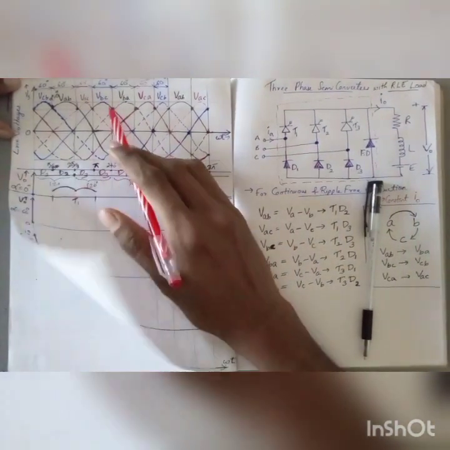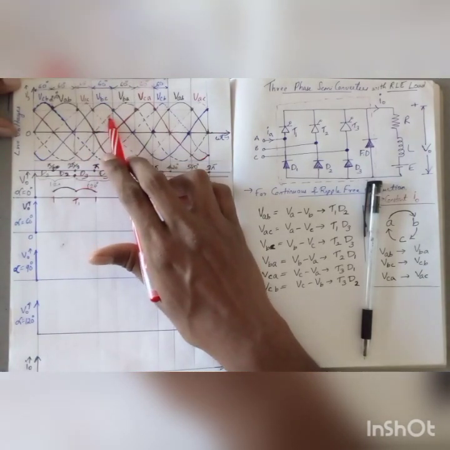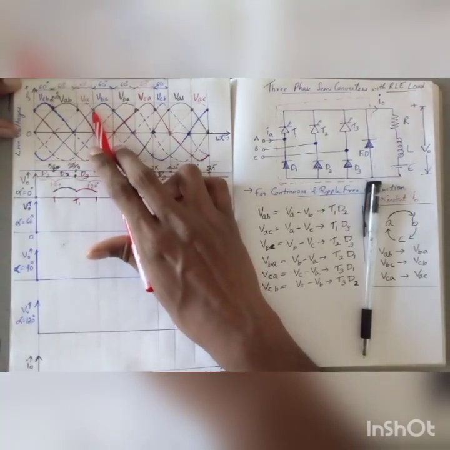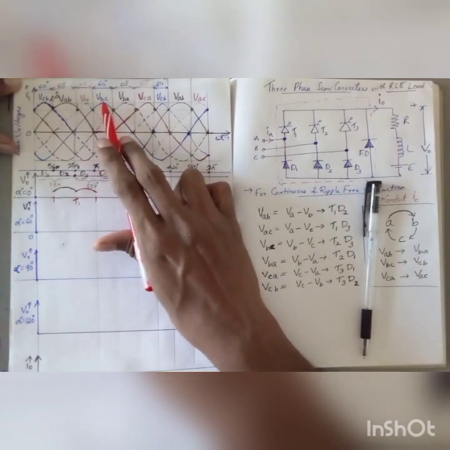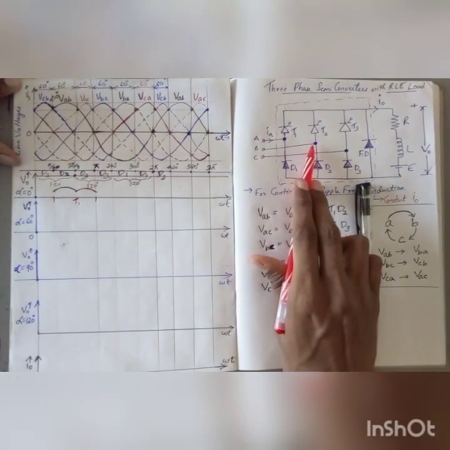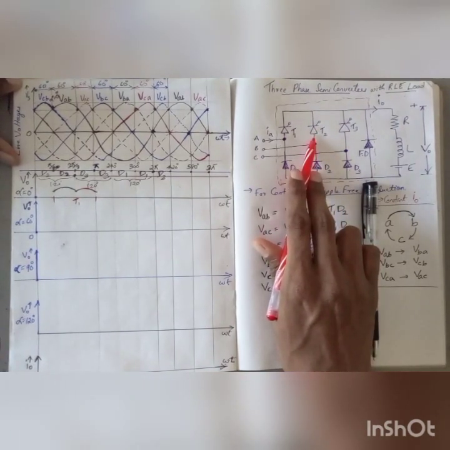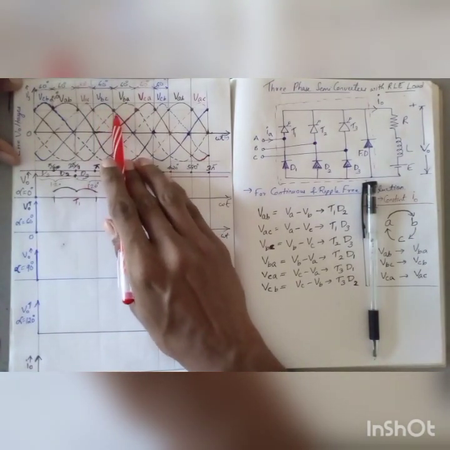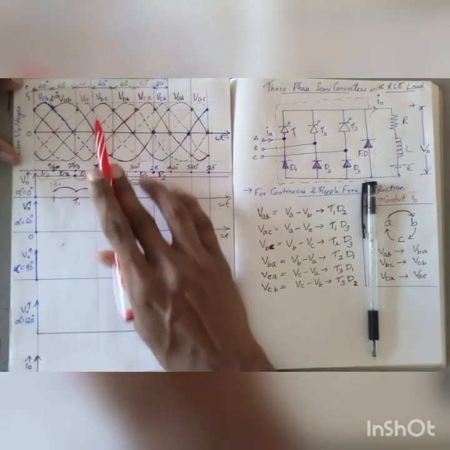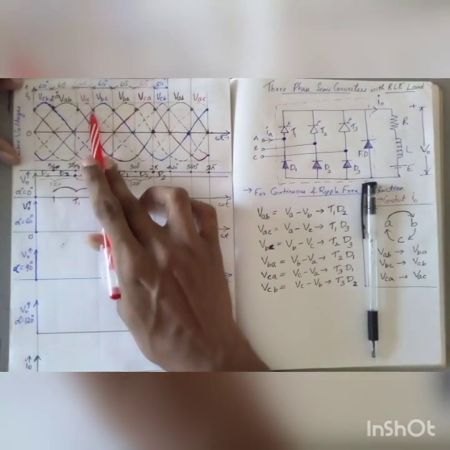At that point, which voltage is greater than the others? VBC is greater when compared to other voltages. VBC is VB minus VC. VB means positive B, and positive B is given to T2. So T2 is eligible to conduct from this point onwards, and if alpha is equal to 0, I am triggering thyristor 2 at this point itself.